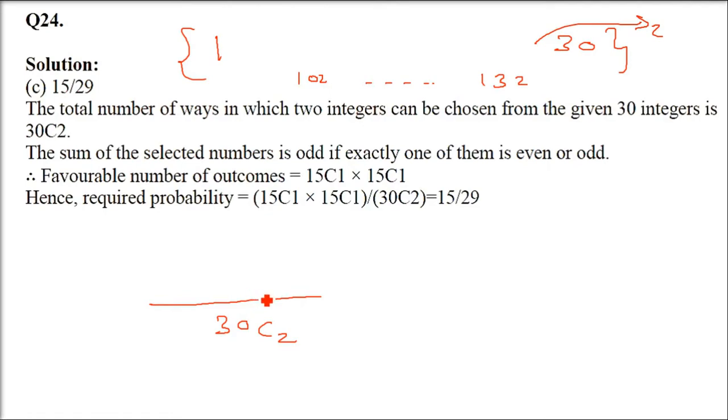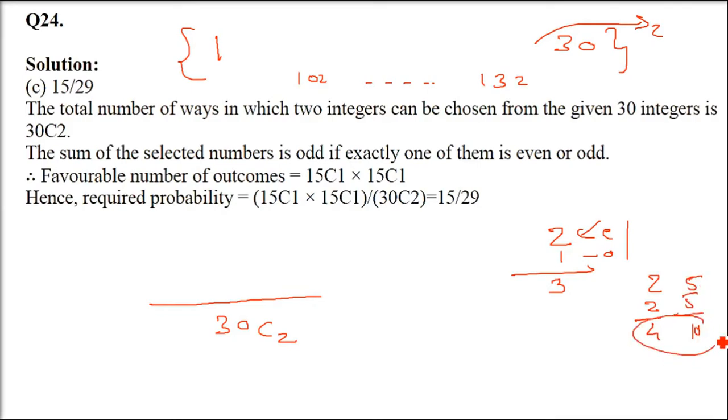And then their sum is odd. The sum can be odd only when we have 1 odd and 1 even. You cannot have 2 evens or 2 odds give you odd. 2 evens or 2 odds will always give you even.